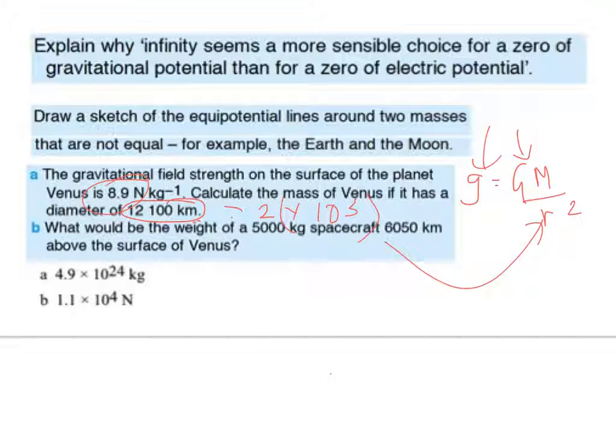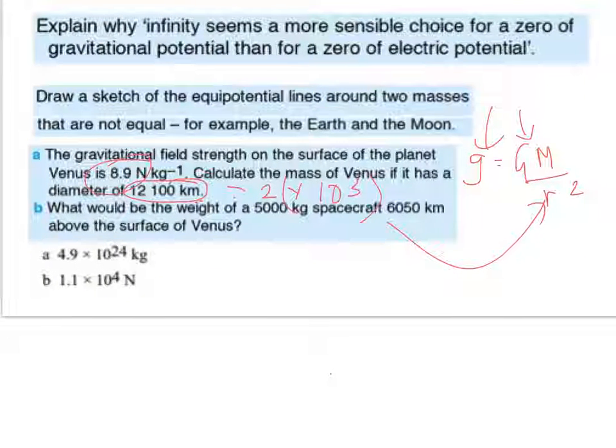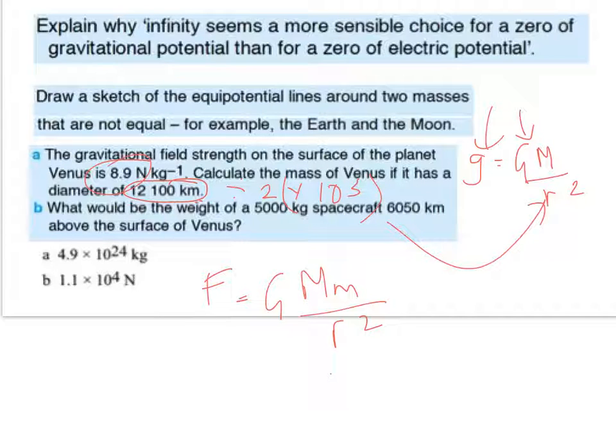For part B, we're working out force. So we need to go back to our original formula, F equals GMm over R squared. And once again, we have this in kilometers, so make sure you convert that properly to meters. And it's a good point to add, the reason why we must have it in meters is because G, the gravitational constant, is expressed in meters too.